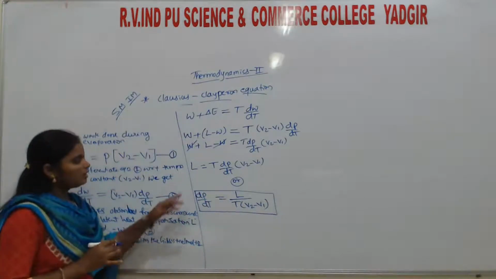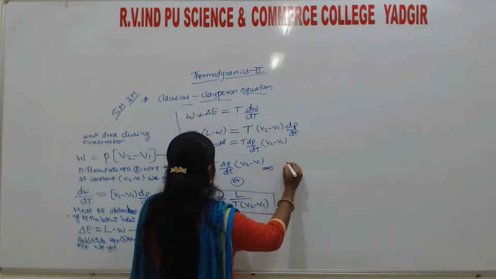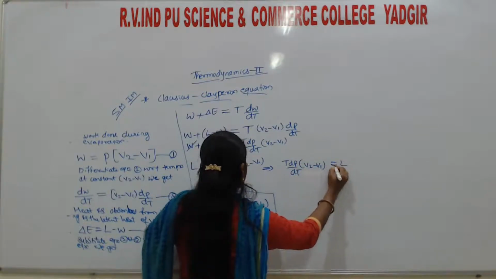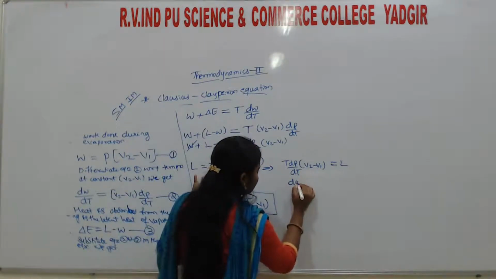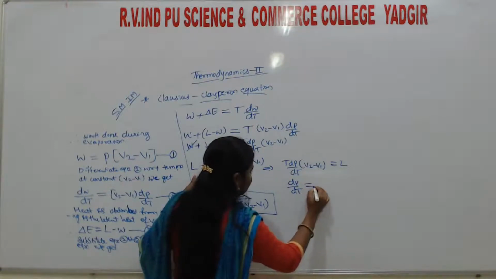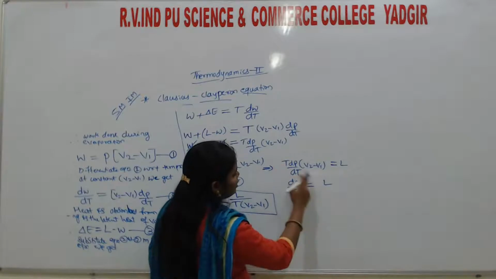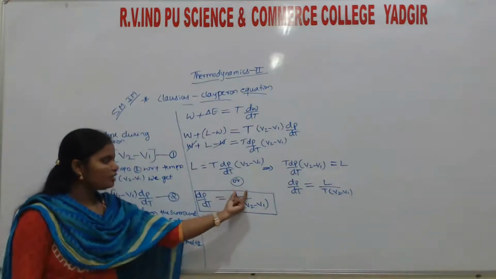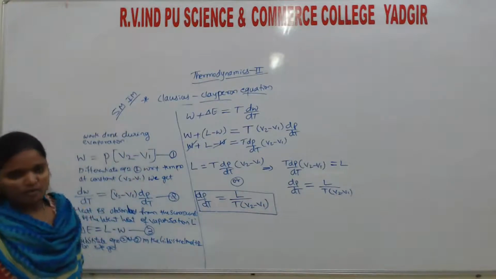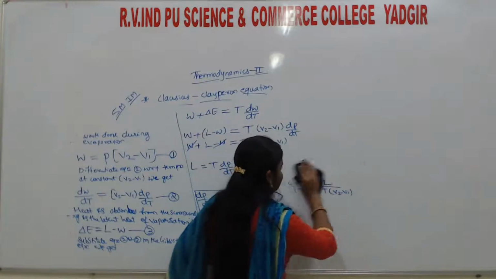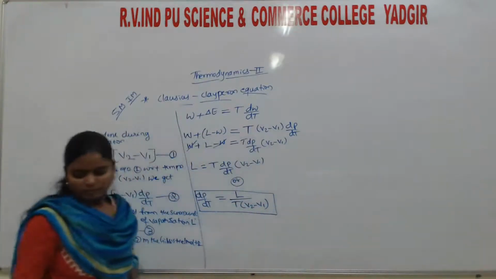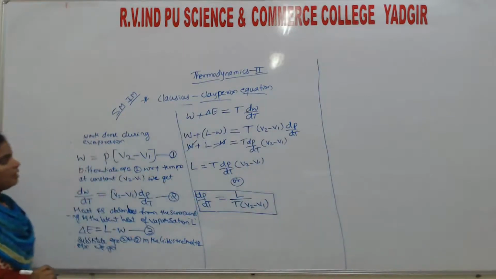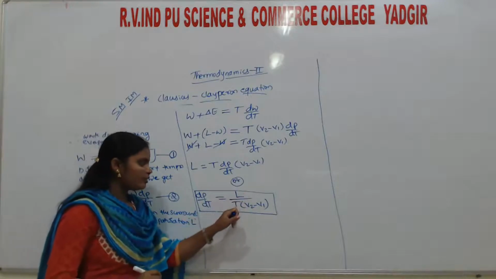Or T dP divided by dT into V2 minus V1 is equal to L. The remaining dP divided by dT equals L, and the multiplication becomes a division: dP divided by dT is equal to L divided by T into V2 minus V1.